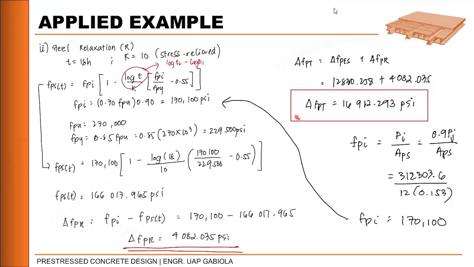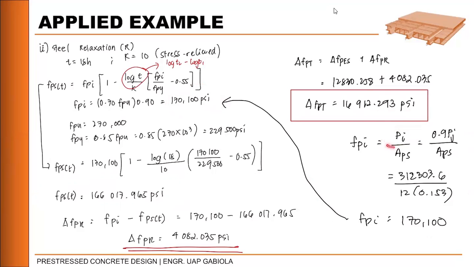And then we calculated lang yung sum ng dalawang losses. So this particular loss is pertaining dun sa total loss during stage 1. Okay? So ito pinakita lang natin ulit dito kung paano nakuha yung 170-100. Just in case nalilito tayo kung saan kinuha kasi di ba kanina PI siya.